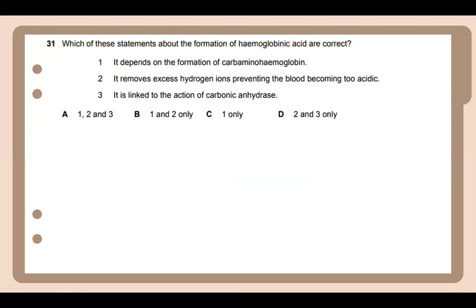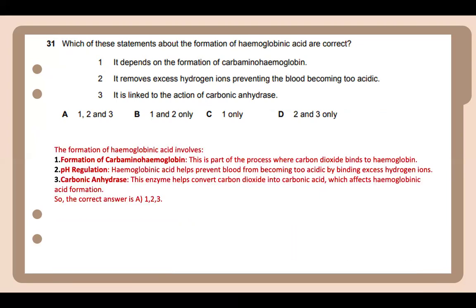Which of these statements about the formation of hydrogencarbonate ions are correct? The answer will be all. It depends on the formation of carbaminohemoglobin. This is part of the process where carbon dioxide binds to hemoglobin. And statement number 2 is pH regulation.